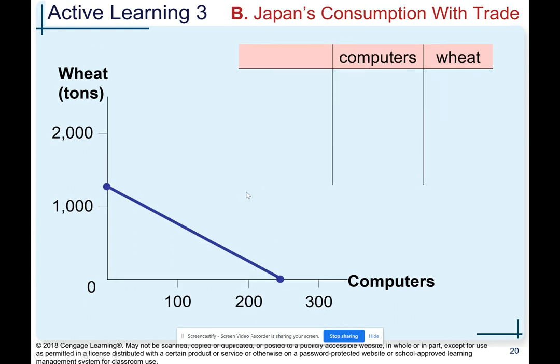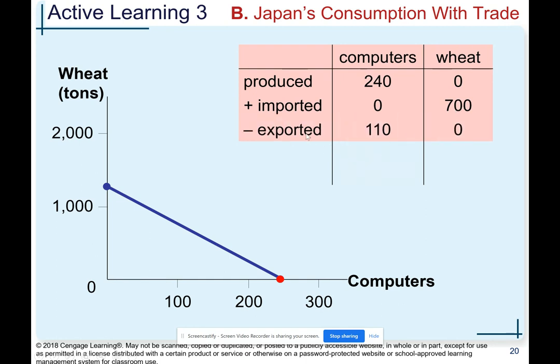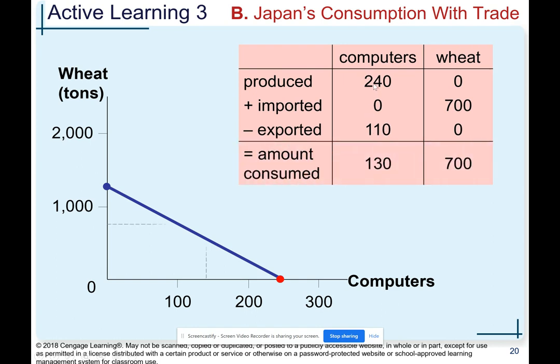Let us do the same for Japan. This was the production possibilities frontier of Japan. And Japan produced 240 computers, did not produce any wheat. And of that, Japan imported 700 tons of wheat from the United States and exported to the United States 110 computers. So, what is domestic consumption in Japan? 240 minus 110, which was sent to the United States, leaves Japan with 130 computers.